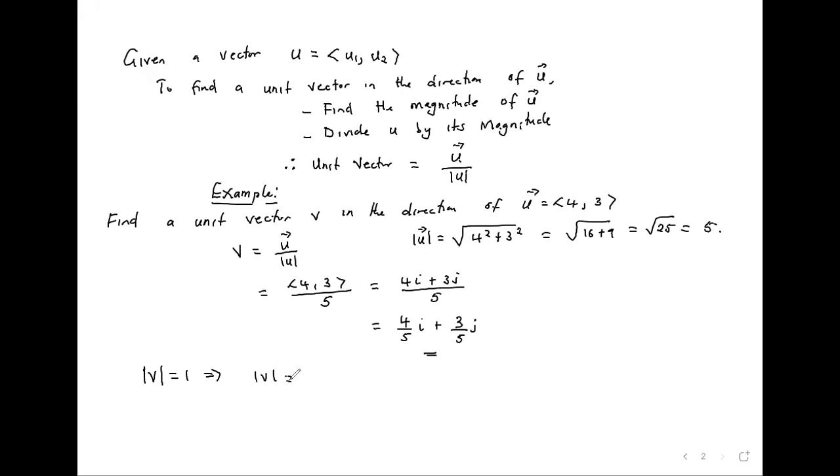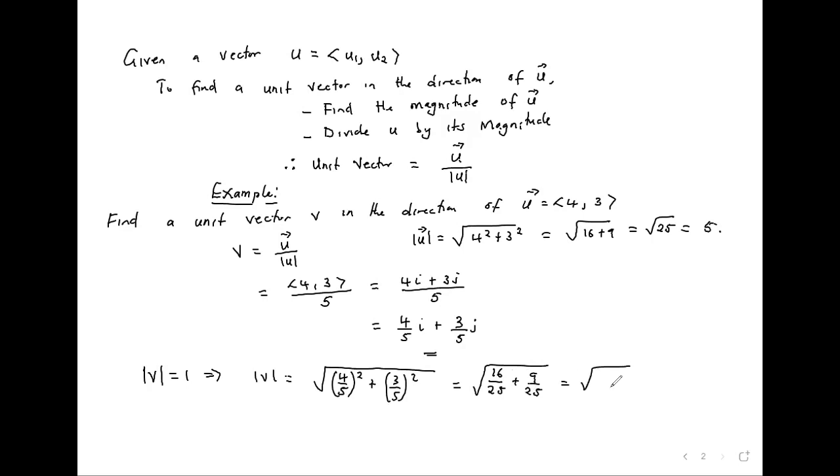It will be the square root of 4 over 5 squared plus 3 over 5 squared, which is 16 over 25 plus 9 over 25.